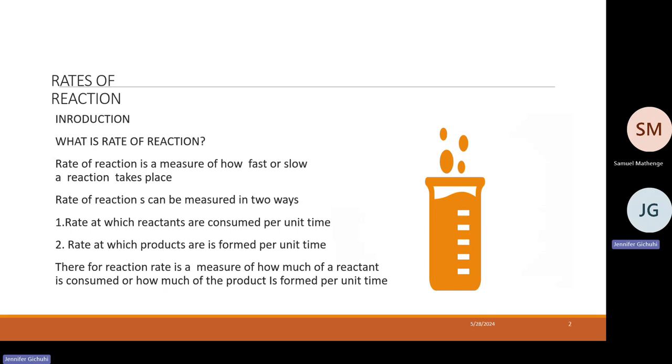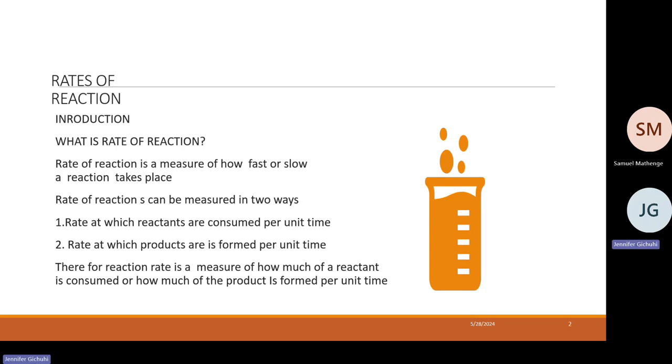So in our lesson today, we would want to start by asking ourselves, what is rate of reaction? In short, the rate of a reaction is a measure of how much or how fast or slow a reaction takes place.